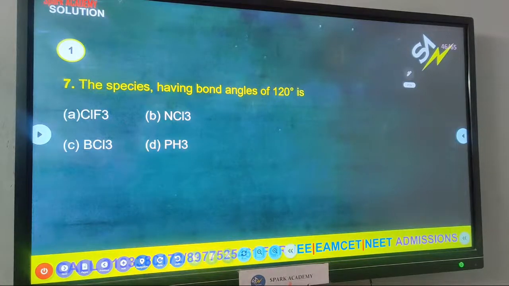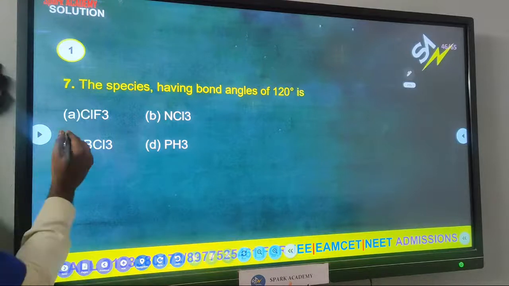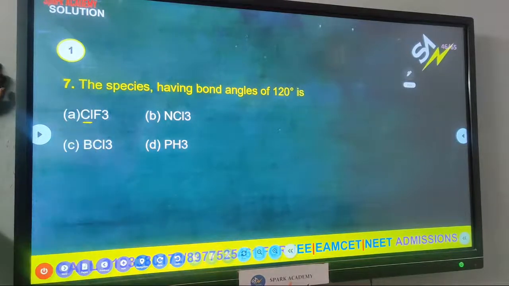Here there are 2 methods. In the first method, we find the hybridization and, with its help, pick the answer. Second method: if we already know the hybridization, we look at the central atom position. So 120 we can expect easily.